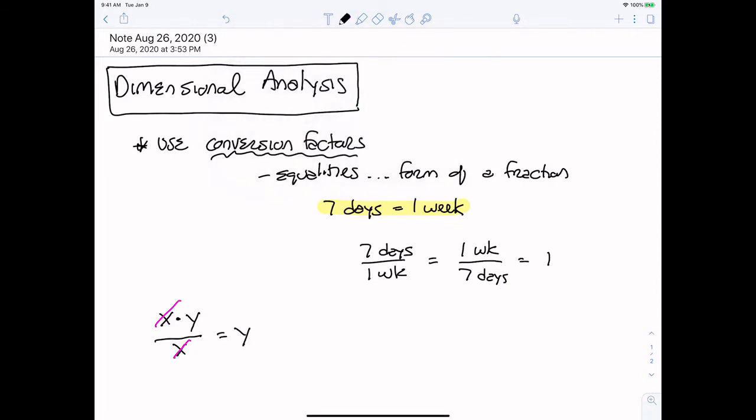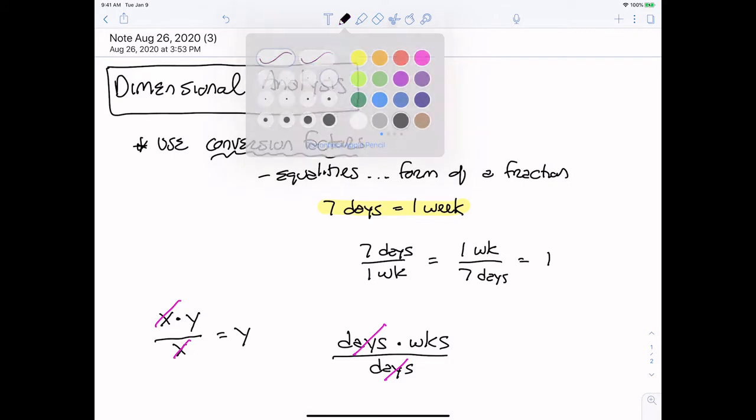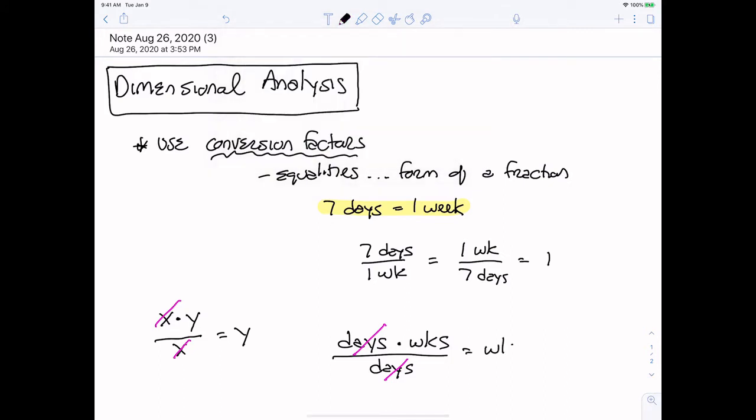The same thing, if I have the same unit or variable, whatever it happens to be, on the top and the bottom, they're just going to cancel each other out. So same sort of idea. If I was to take days and multiply it by weeks and then divide it by days, since days is on both top and bottom, it's just going to cancel out. And then my answer is going to be weeks. So same sort of idea.